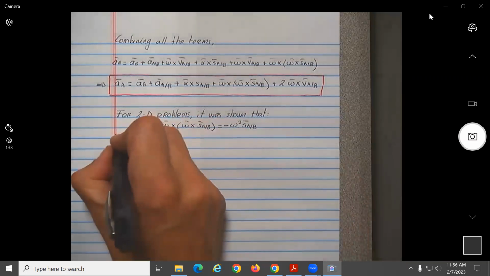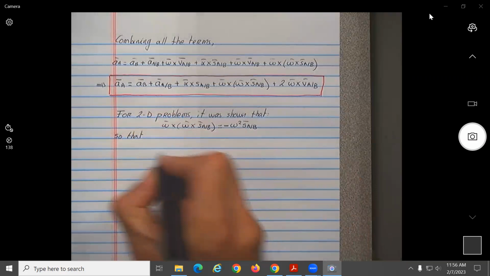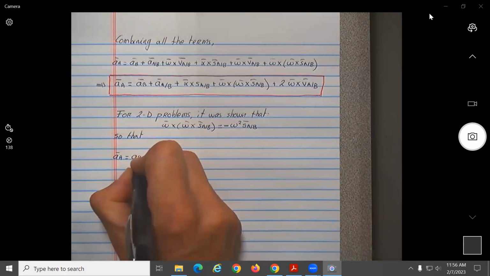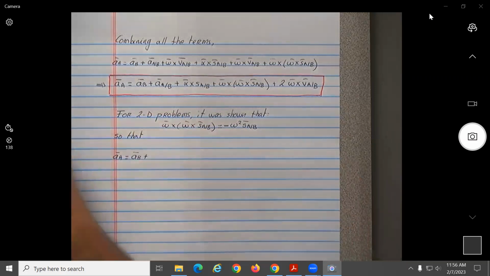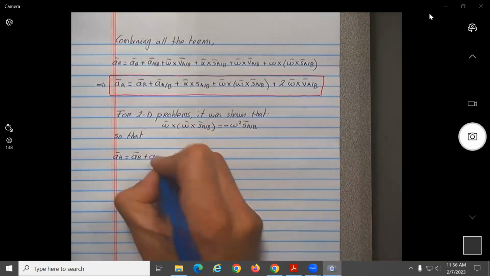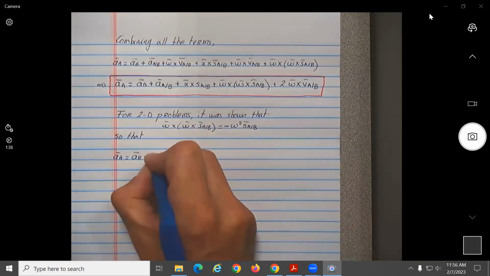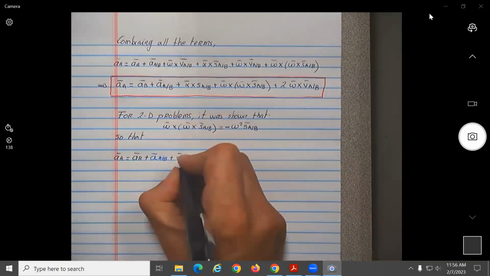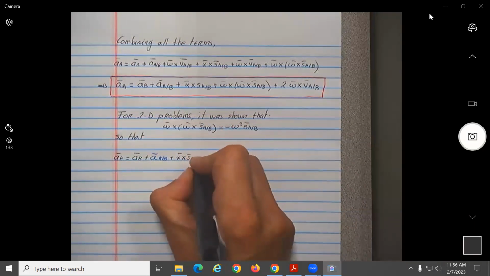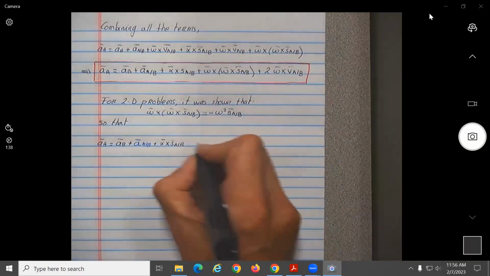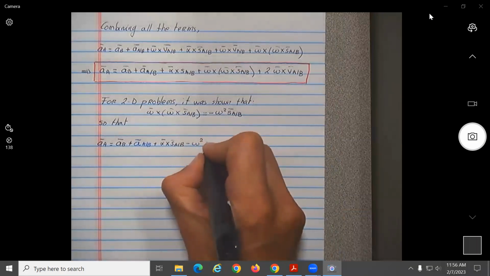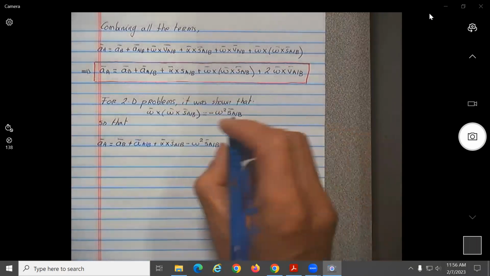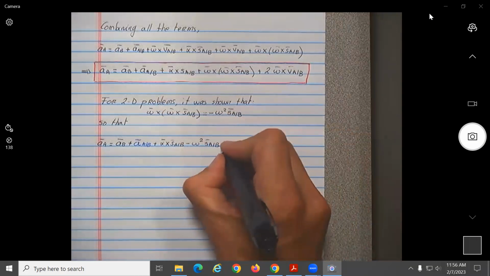Okay, so then we can write the equation on top: acceleration of A equals acceleration of B plus acceleration of A with respect to B plus alpha cross S of A with respect to B minus omega squared S of A with respect to B. And here books do it sometimes differently, but I'm just going to keep it as it is.